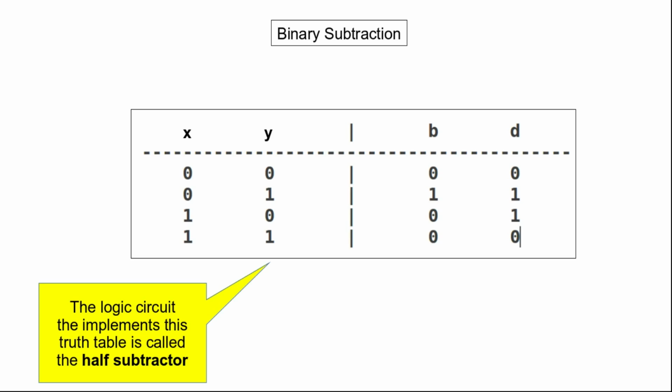And now, just like in case of binary addition, we have half adder and full adder. Similarly, in binary subtraction, we have a half subtractor and a full subtractor. We will look at the full subtractor in the next class.